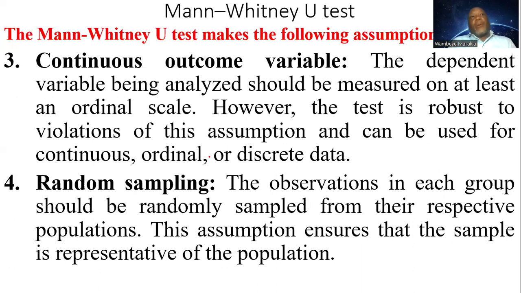Finally, we must also do random sampling. The observations in each group should be randomly sampled from their respective population. There should not be purposeful sampling, where you say that this one must be in this group. You should be able to do random sampling.